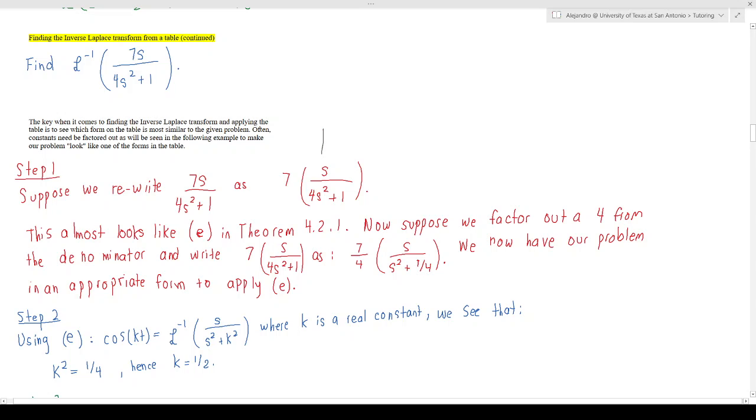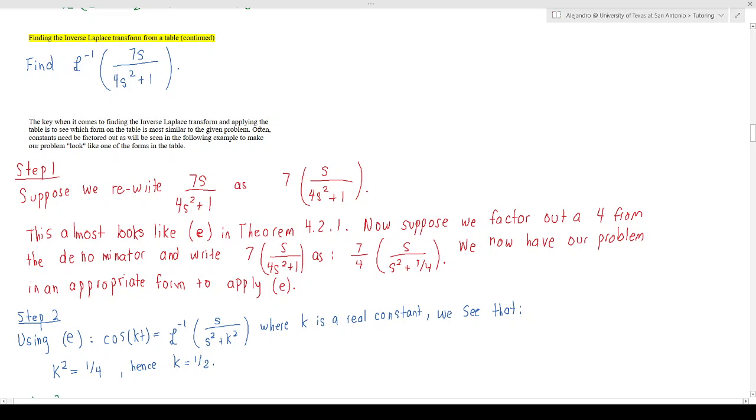So the only problem seems to be that we have that 4 here, right? In the cosine transform, it's just s squared by itself. So what if we factor a 4 out from the denominator? And so instead of 7 times s over 4s squared plus 1, we pull a 4 out from the denominator here, and we're going to end up with 7 over 4 times s over s squared plus 1 over 4, right?